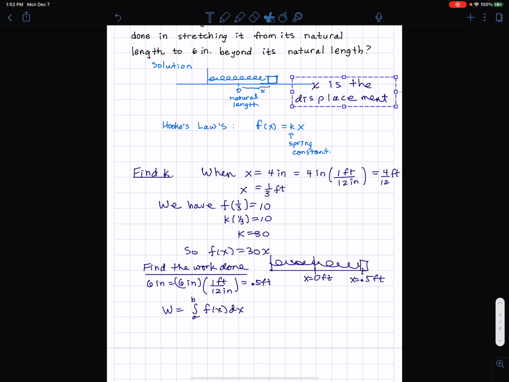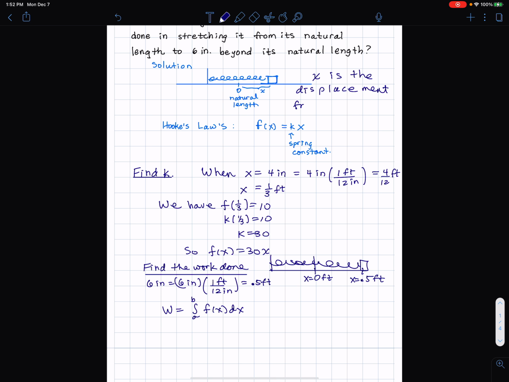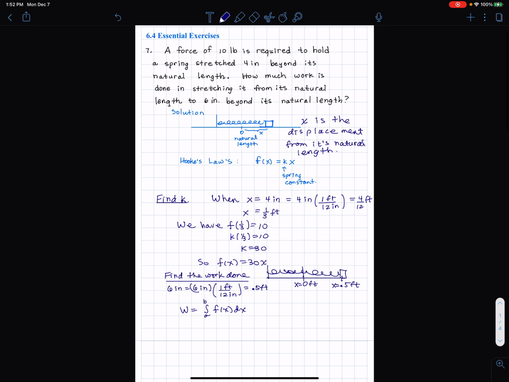It's not the distance from the wall, the position from the wall. The natural length is given as 0. So we integrate from 0 to 0.5, and we have 30x.